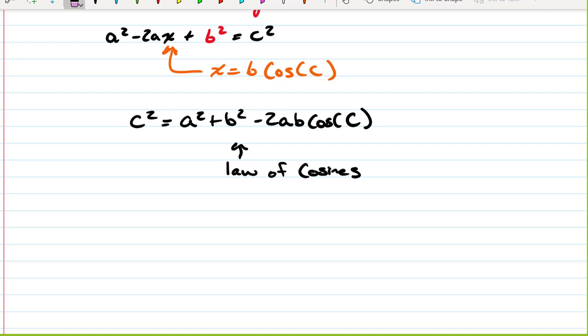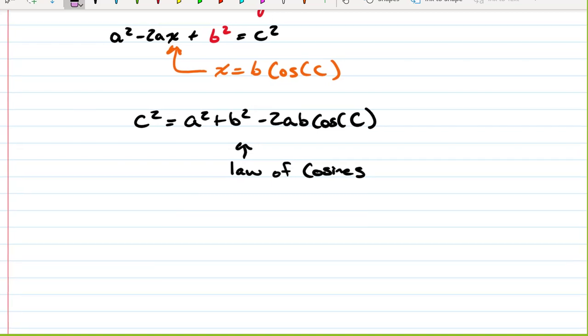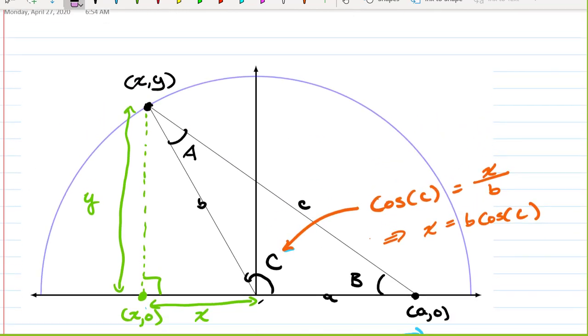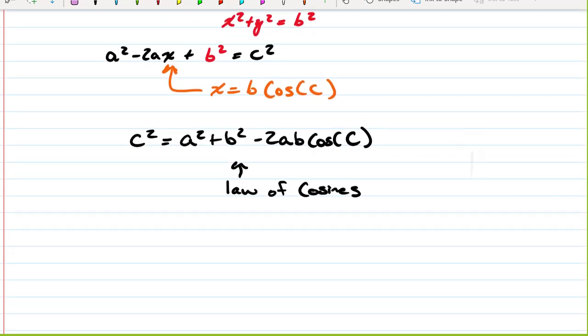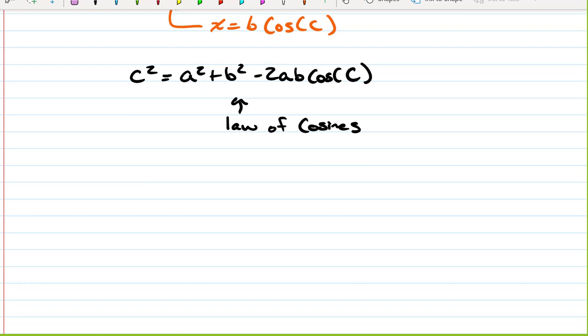And we'll notice we have negative 2ab times the cosine of C. If C is equal to 90 degrees, that is, if C is a right angle, then the cosine of 90 degrees is 0, so that would go away and it would give us exactly the Pythagorean theorem.